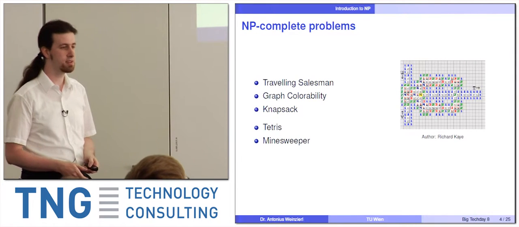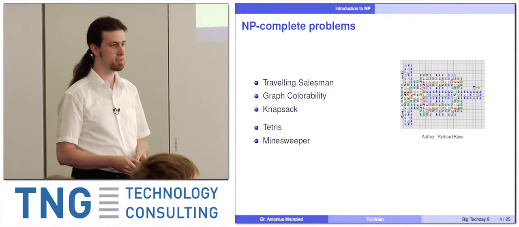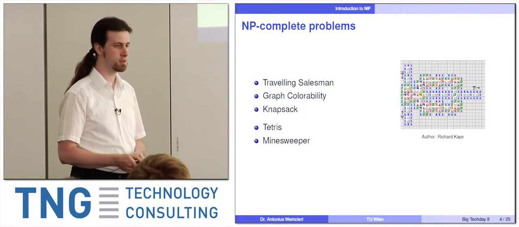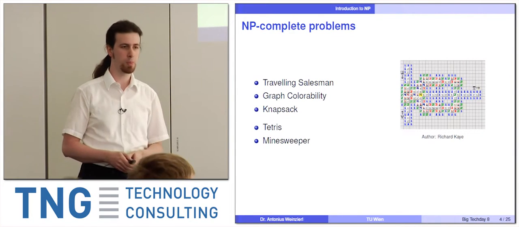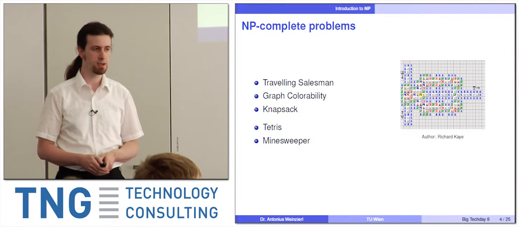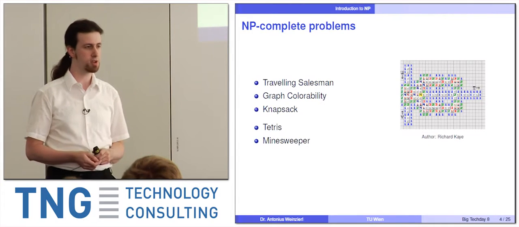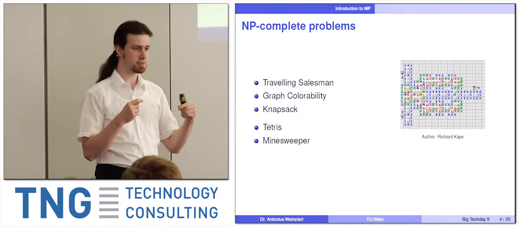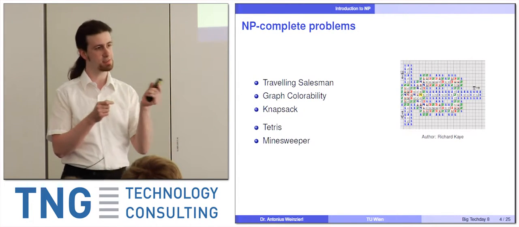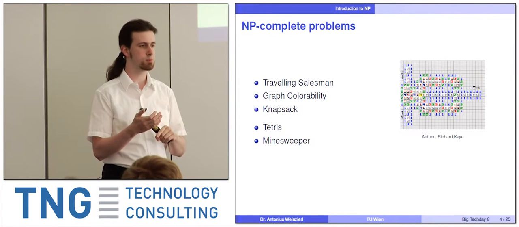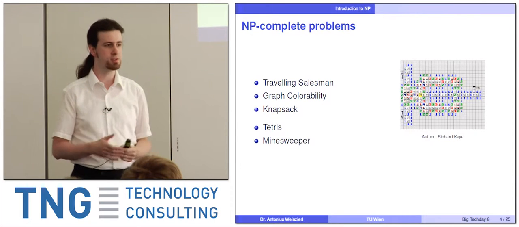Yeah? How is the solution of the traveling salesman easily verifiable? Sorry? Like, how do you verify the solution of the traveling salesman? Like, you have to check all the alternatives and find out whether you're actually on the shortest path, don't you? It depends how you formulate the problem. If you formulate it as a decision problem, so having a yes-no answer, the question is, can I with these weights have a path? And then it's very easy to verify.